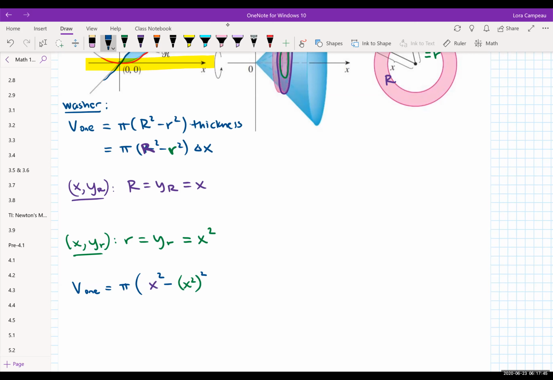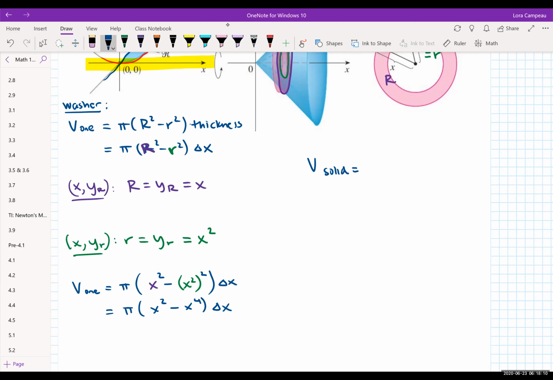Still squared because we didn't touch anything in the actual formula. And again, our thickness is delta x. So then we just take a little bit of time to clean it up with exponent rules. x squared squared is x to the 4th. And then now we are ready to actually find the volume of the solid.